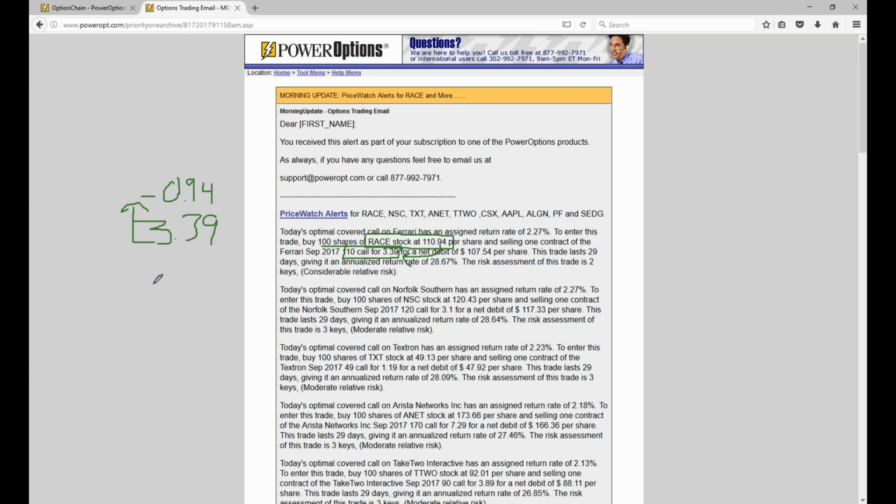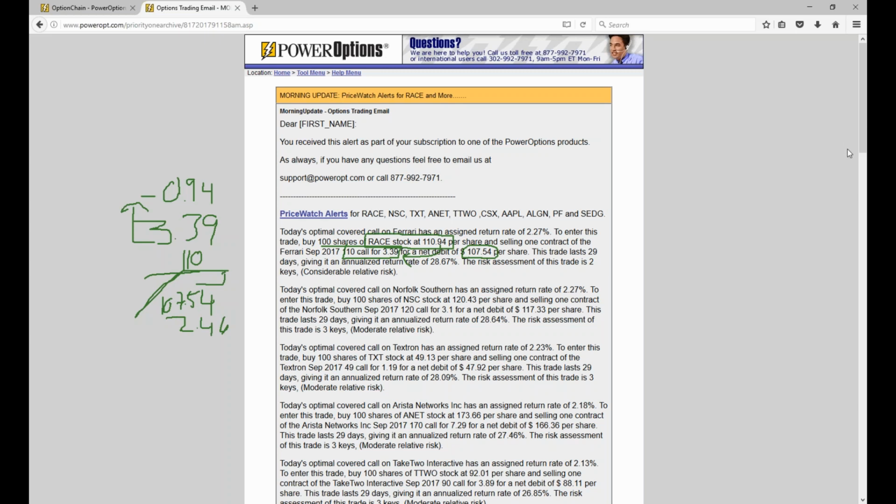So if I get assigned at 110, the stock's trading above 110 on my covered call, this is 110 here, sorry. Remember, my total cost per share is 107.54. So my profit is still going to be $2.46 on the position, which is the 2.27%.